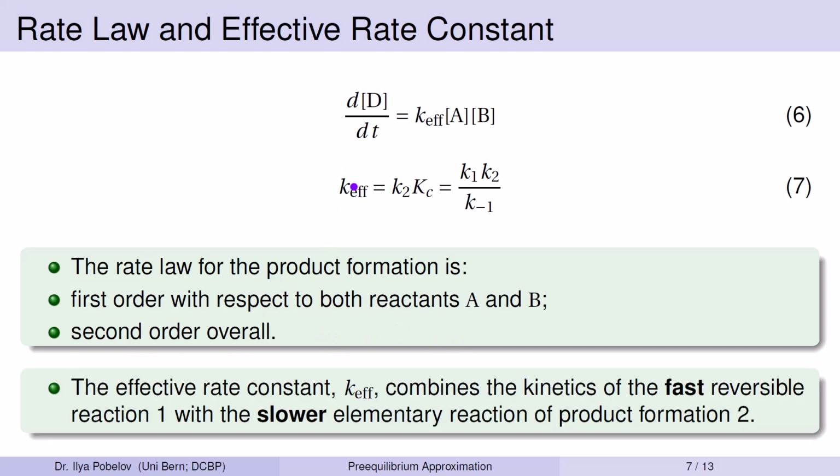This composite rate constant effectively combines the kinetics of the fast reversible reaction 1 with the slower elementary reaction of product formation 2.